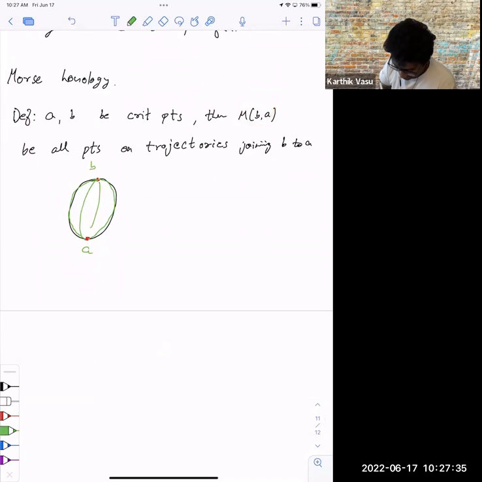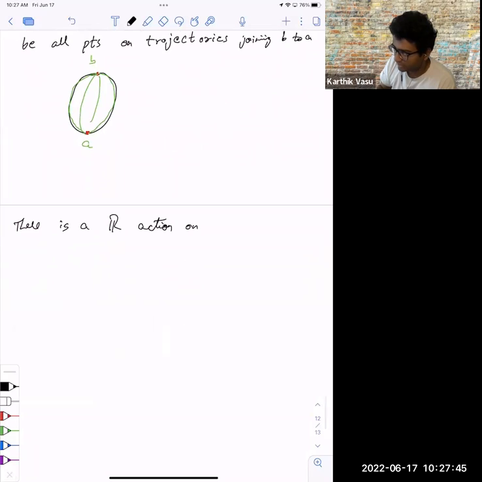Now there is an R action on trajectories. Spelling is wrong, but whatever.